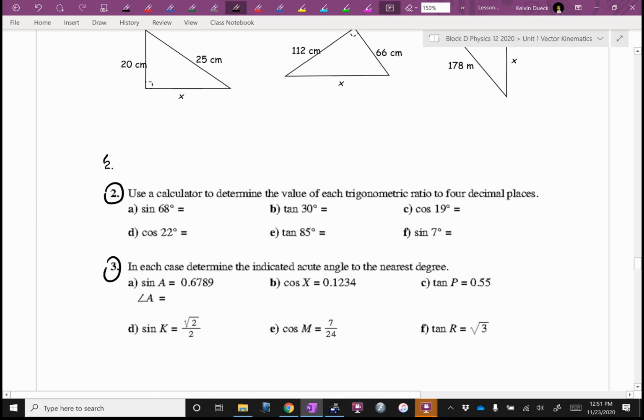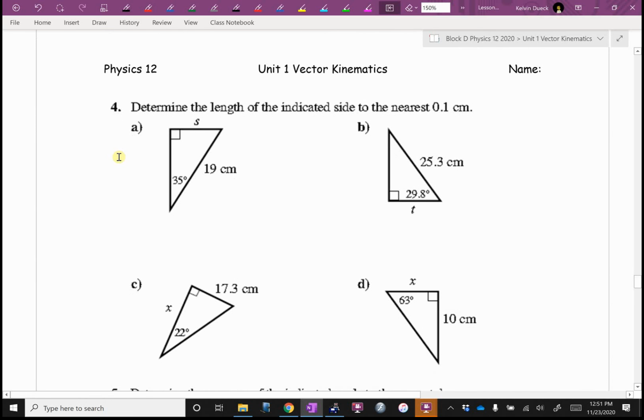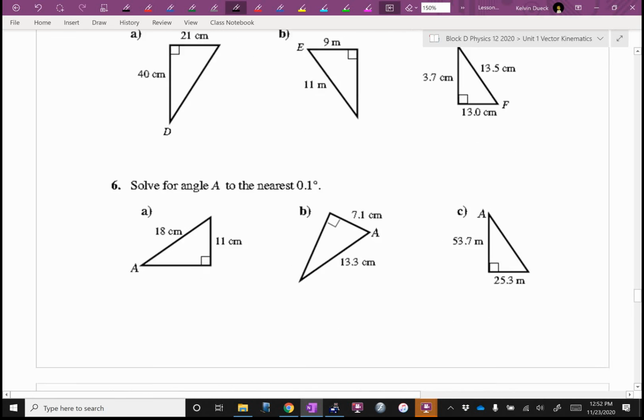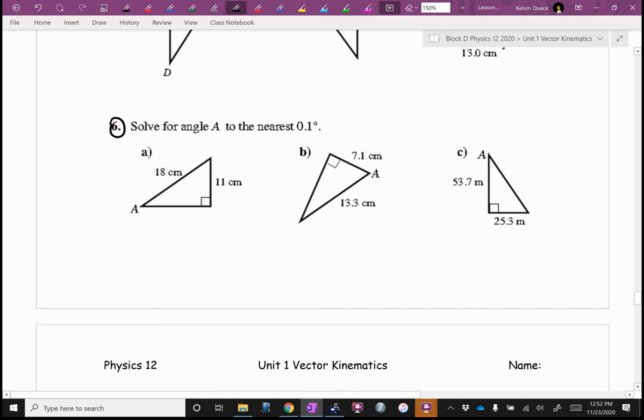Number 2 and number 3, I don't know why I have 2 2s there. That's all calculator work there, so you shouldn't need to show any work. 4 is good. Probably need to show at least 1 line of work, but you can certainly show 2 if you wish. 5 is good. You can show 1 line. 6 is good.